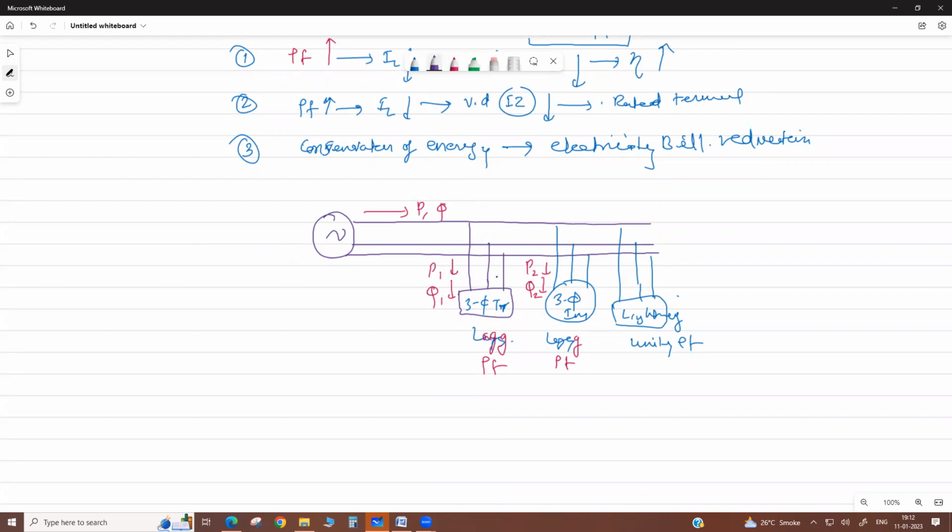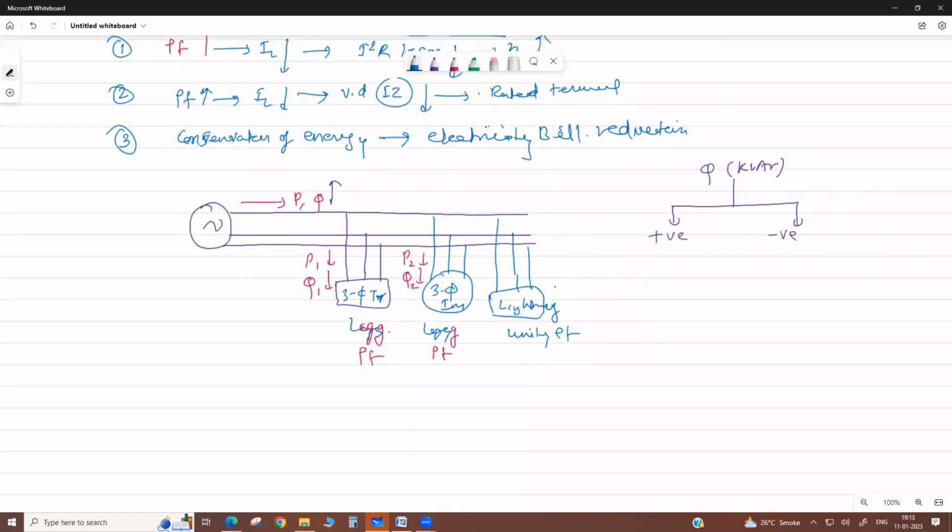This P is the useful power, true power. But if the power factor is low, this Q is increased, the lagging kVAR. Actually, this Q, kVAR, reactive power, is also of two types: positive and negative. Positive is also called lagging kVAR, which is in inductive loads.